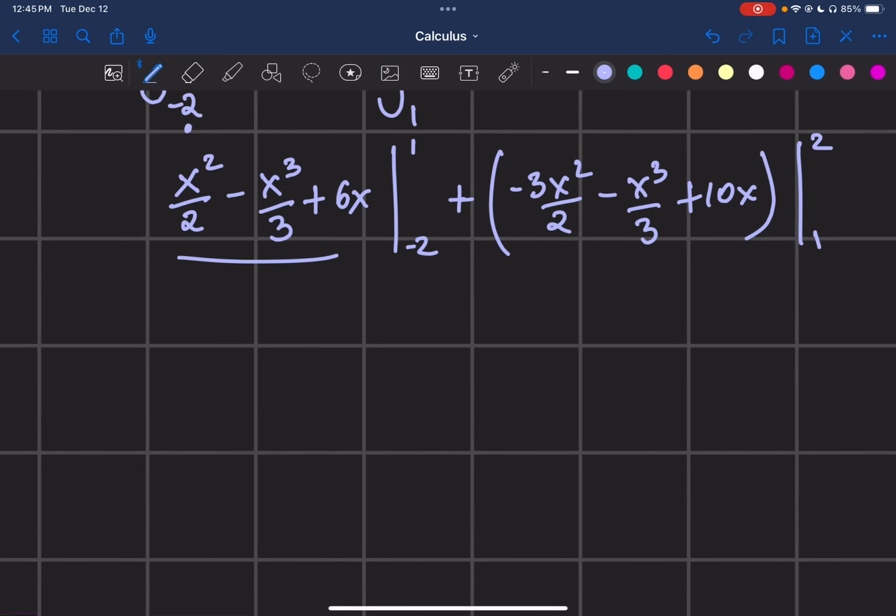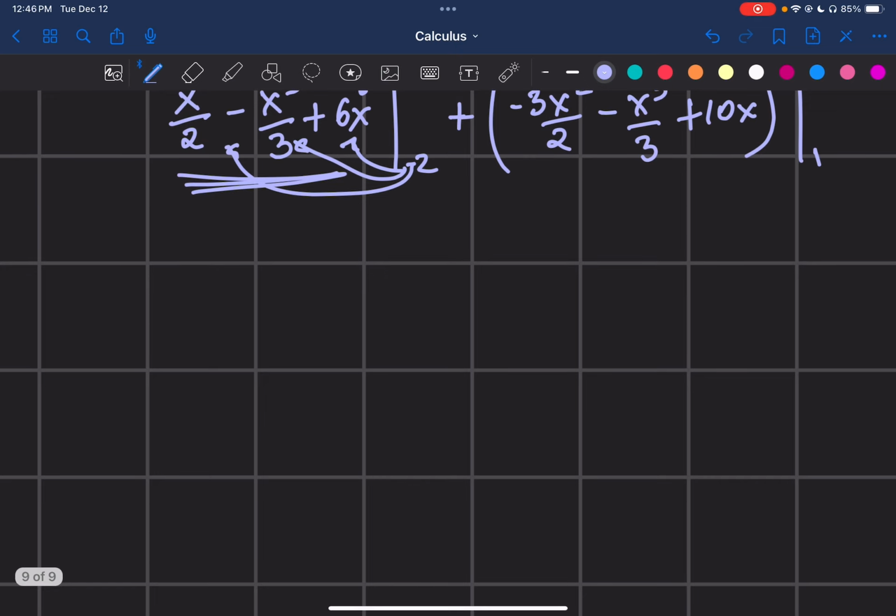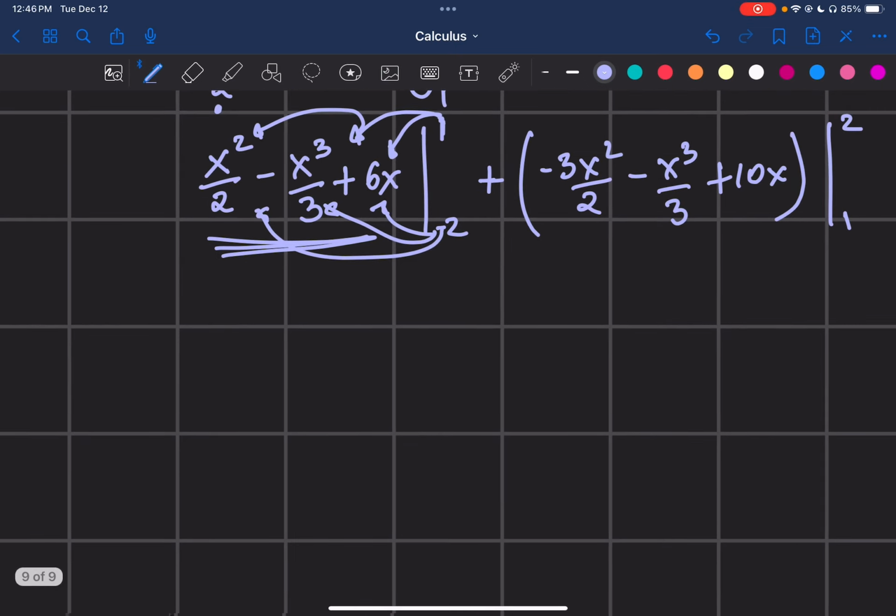Now, here what I'm going to do is put the upper bound substituted for every x value, right? After I substitute for every x value, I would do the same thing with the lower bound, and then subtract the lower bound from the upper bound. So let's do that right now. It's time to use my calculator because I am not a machine.